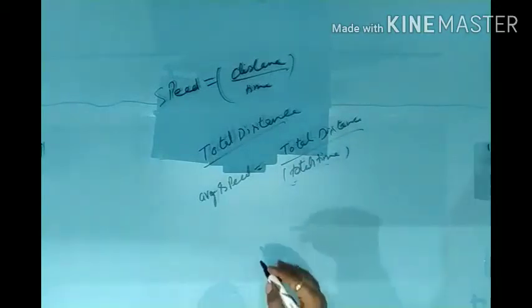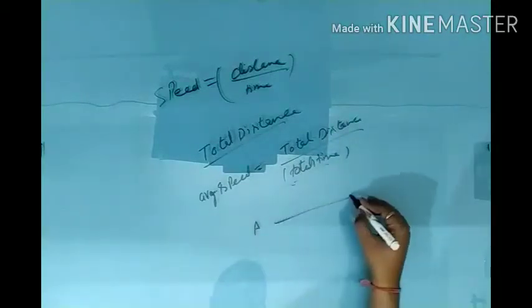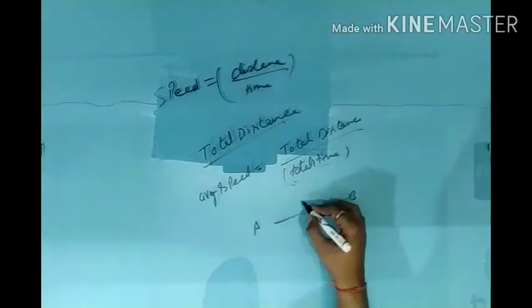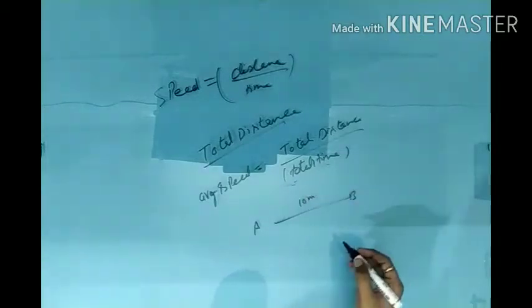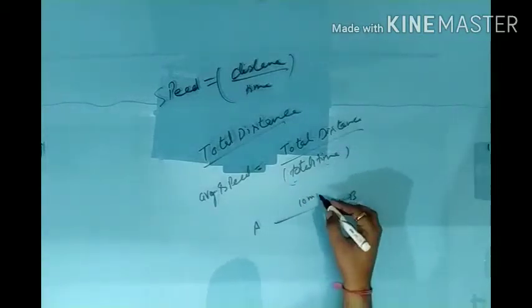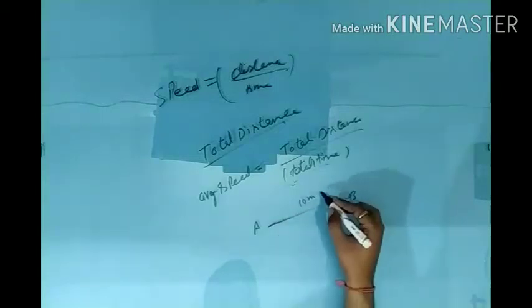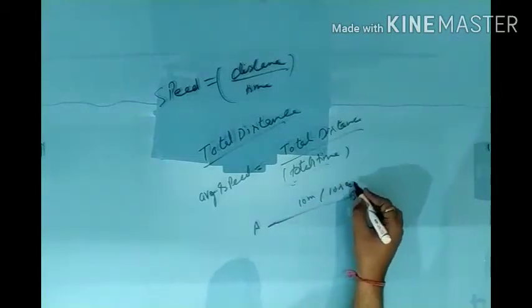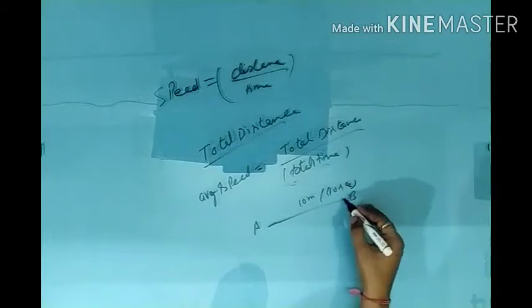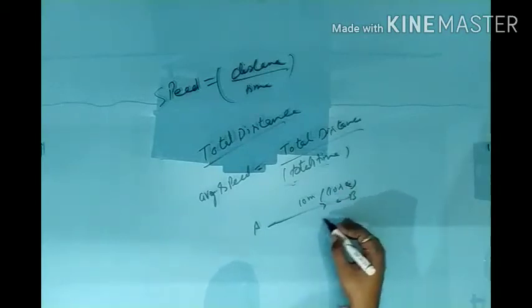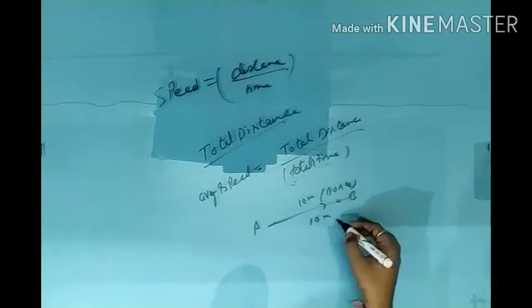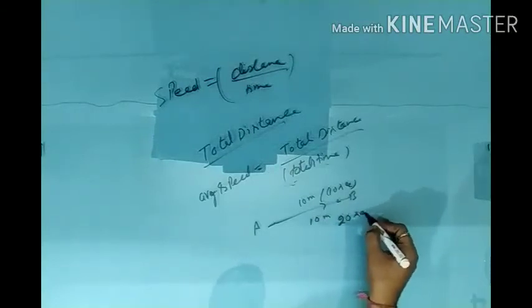Now suppose we are going from point A to B, the distance is 10 meter. Now time taken from A to B is 10 seconds. Again, a person moving from B to A, the distance is the same, 10 meter. Now he will take 20 seconds.